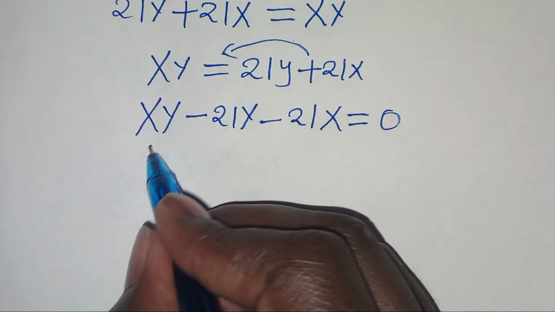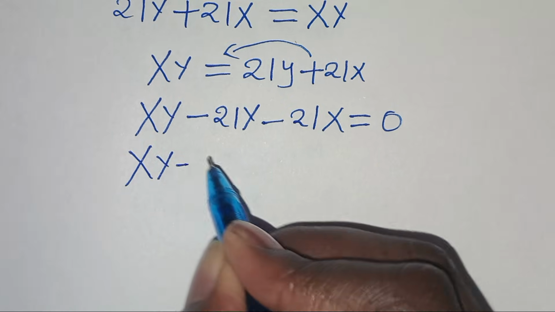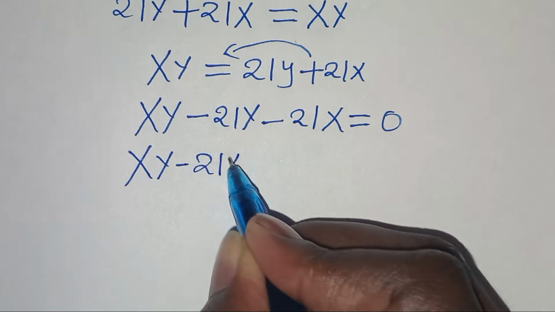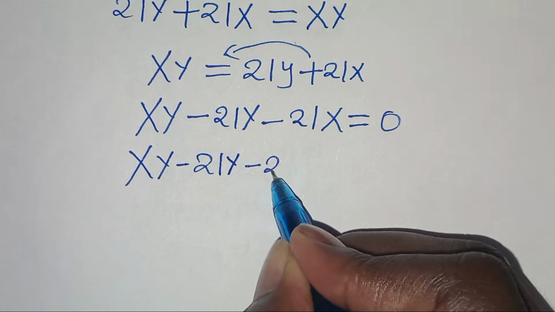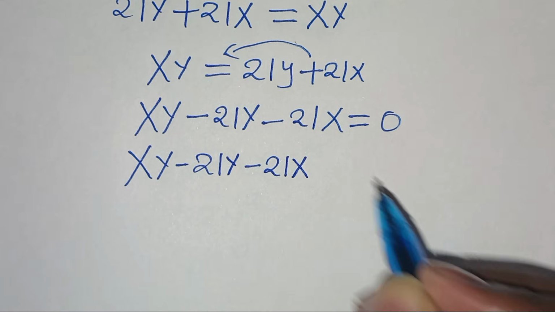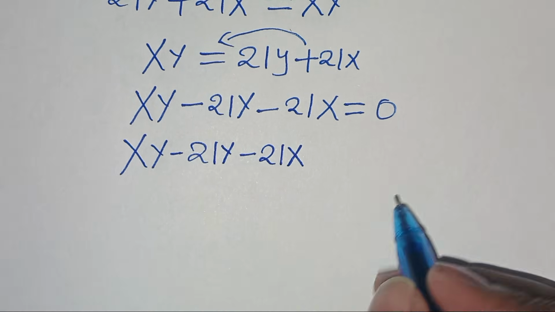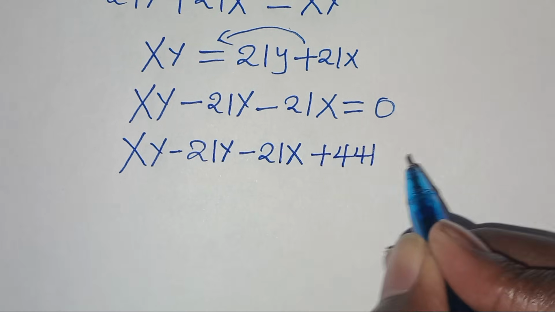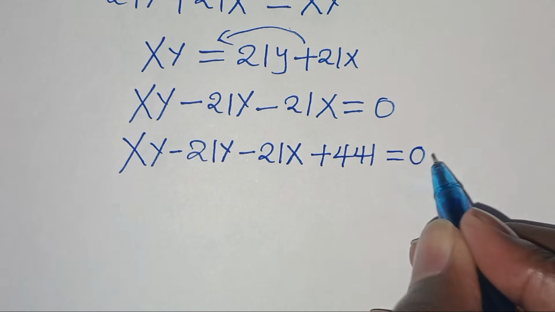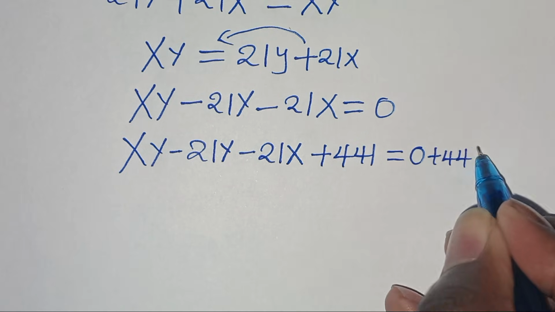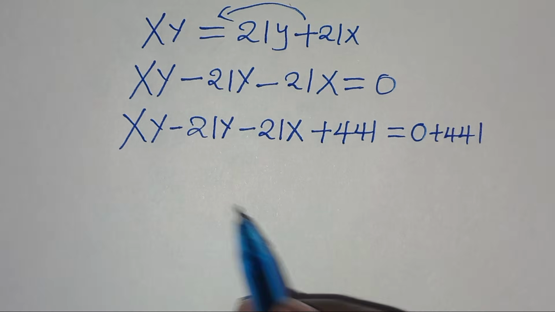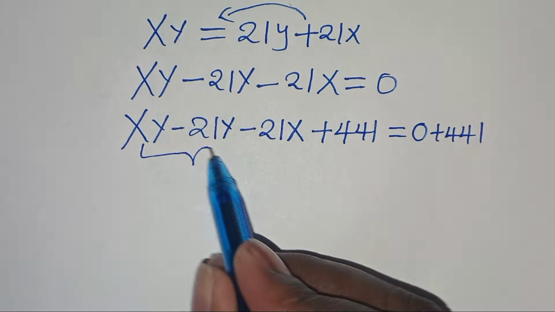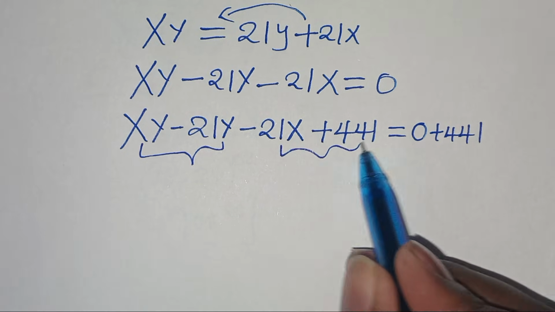Now let's add 441 on both sides, so we have 441 equal to 0 plus 441. Now from here we can factorize.